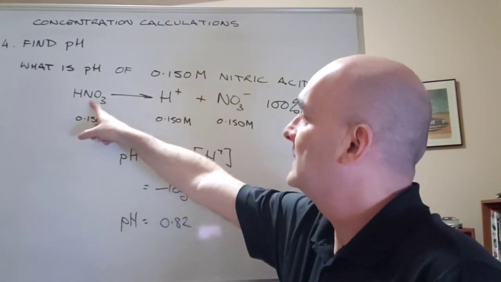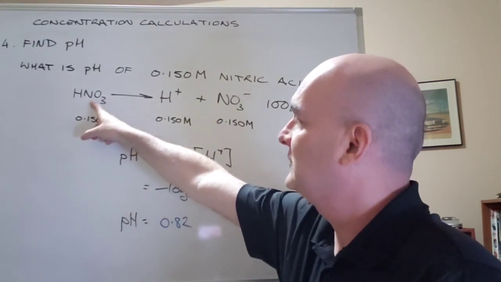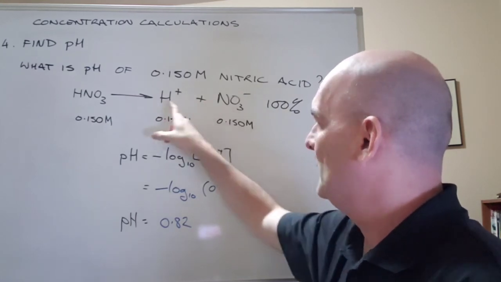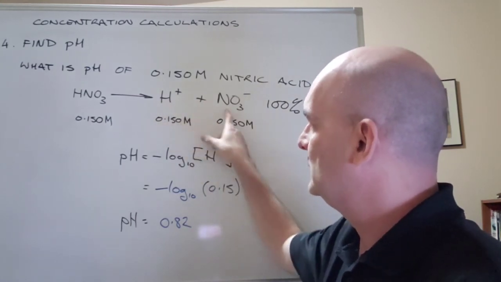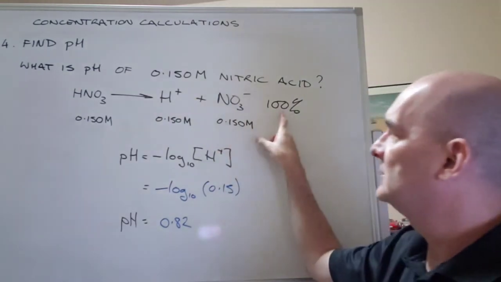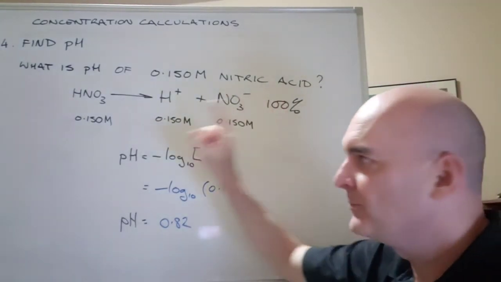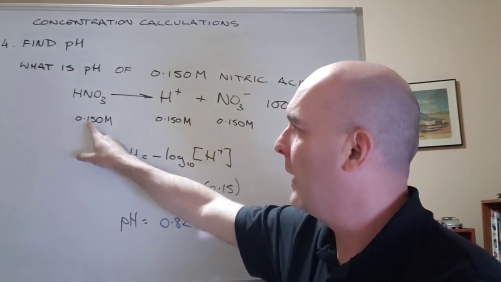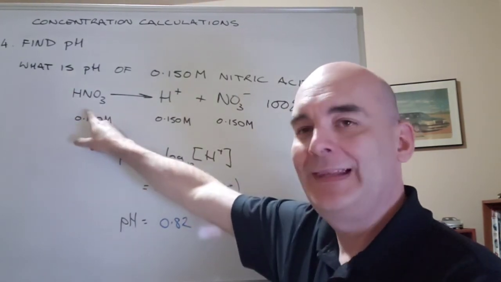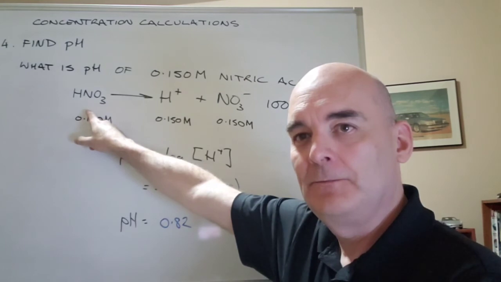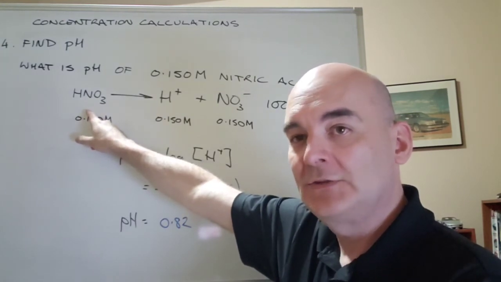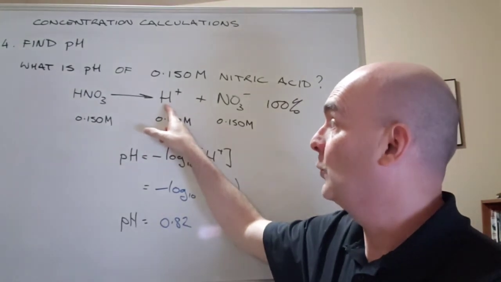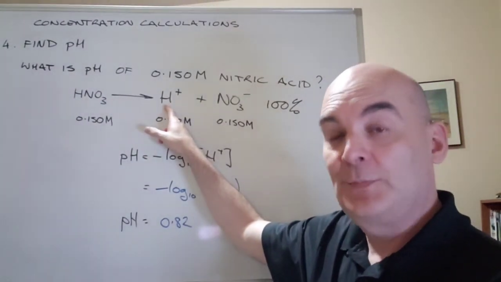So here's nitric acid, and it's a strong electrolyte. When you put it into solution, it separates, dissociates, and ionizes 100%. So if I started out with 0.15 mole per liter of nitric acid, what that really means is in solution, there's no nitric acid at all, but I have 0.15 molar H+.